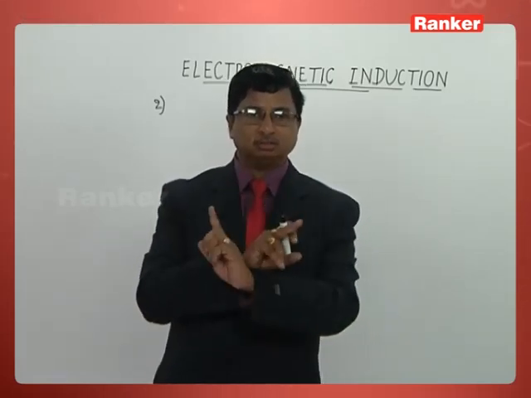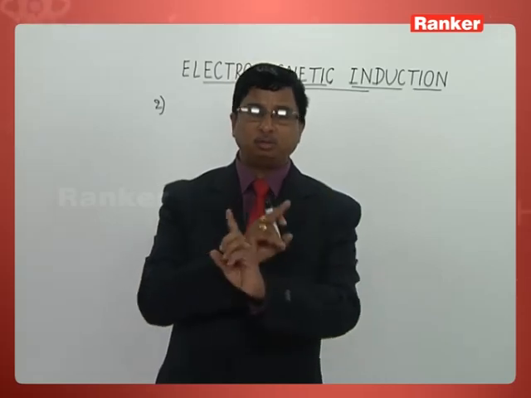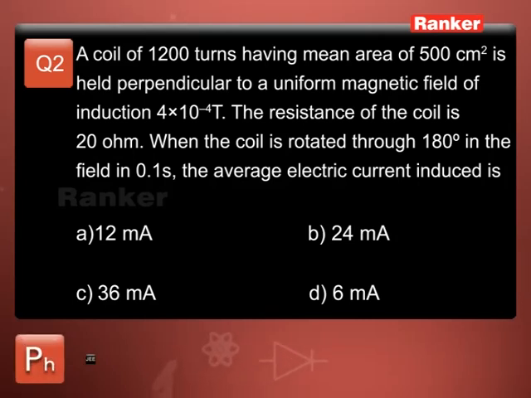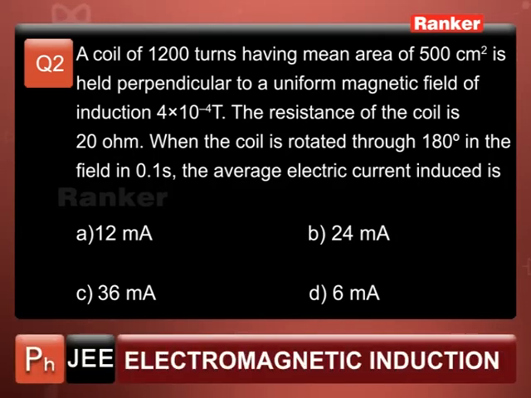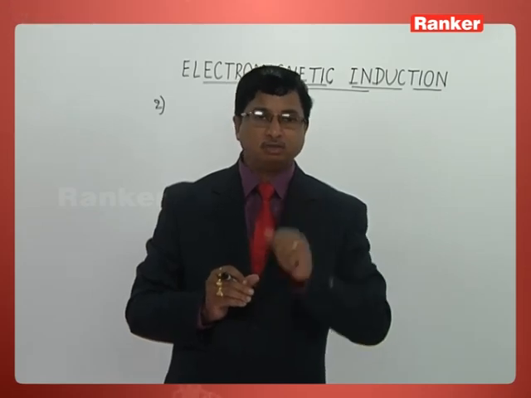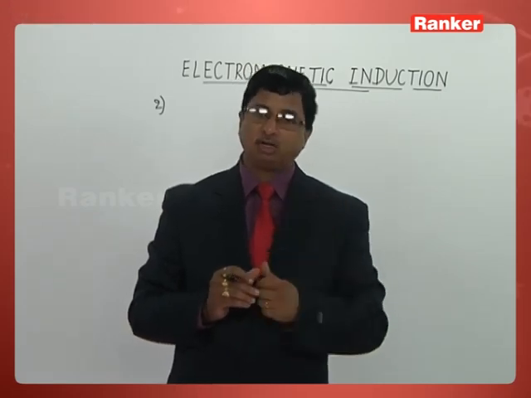Simply reversing is nothing other than rotating it by 180 degrees. In what time? 0.1 second, that has been given. Then the average electric current induced is how much? Current induced in that coil we just want.